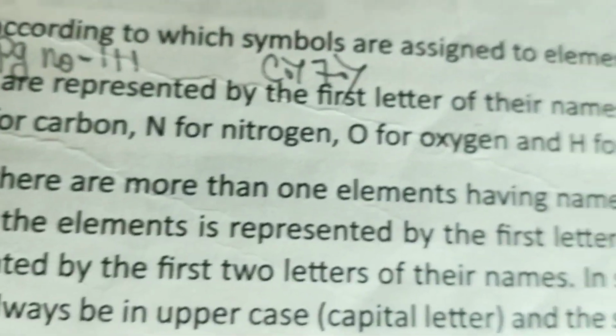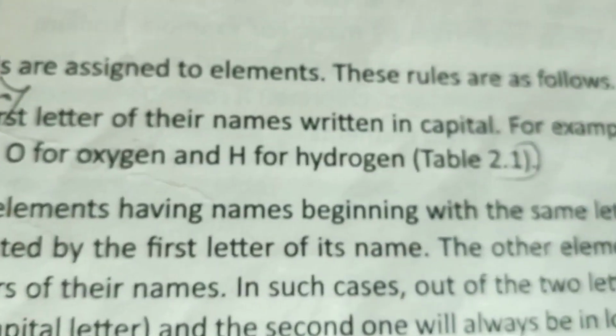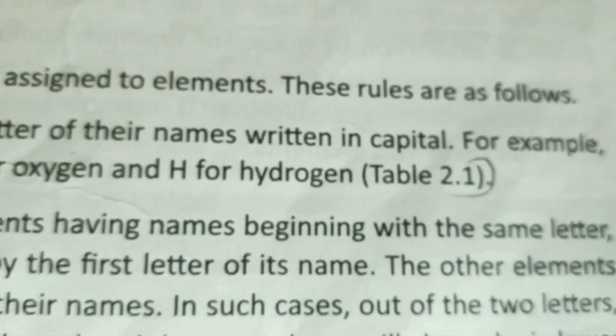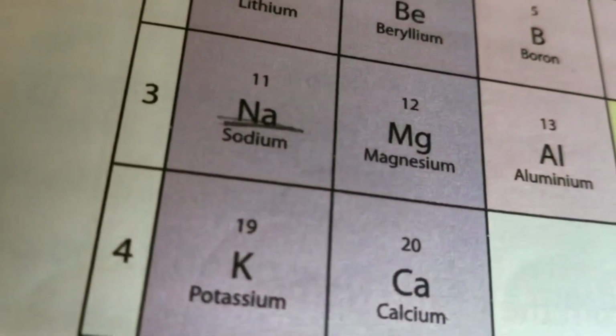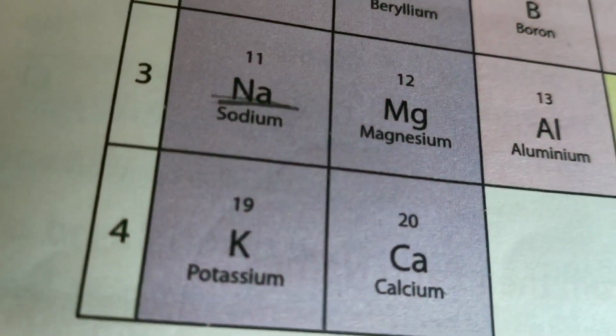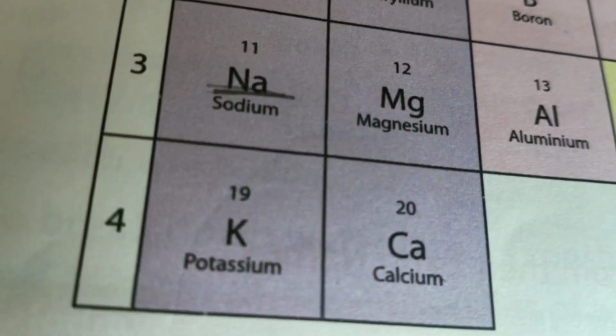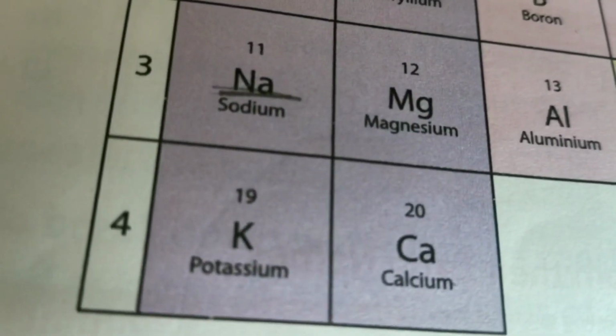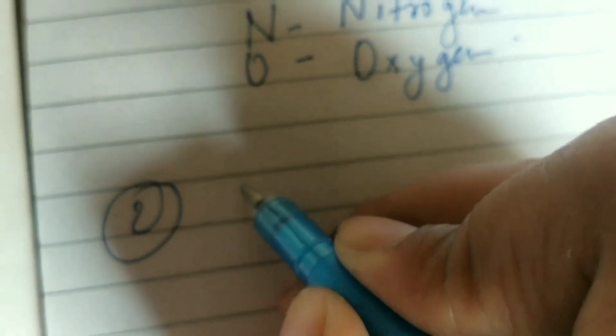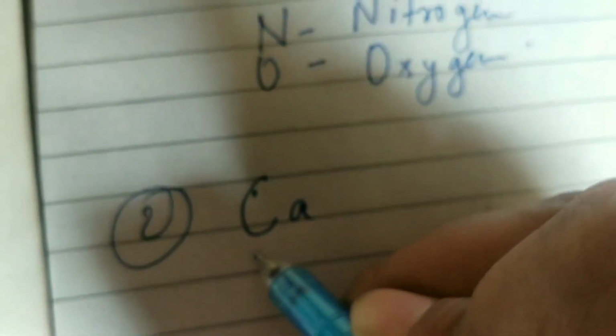When more than one element has a name beginning with the same letter, we use the first two letters of their names, like in calcium. So the second rule is: when the first letter is common, we use the first two letters.